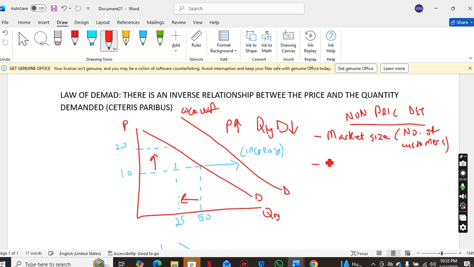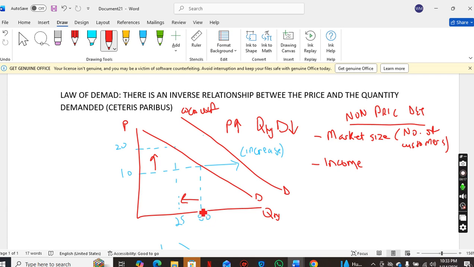Another factor is income. Okay, so let's say with this demand curve, this is the demand for Coca-Cola in a small country, where let's say 50 units are demanded. With the general income level, people in total they're able to buy 50 units.